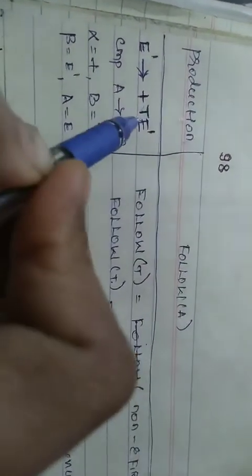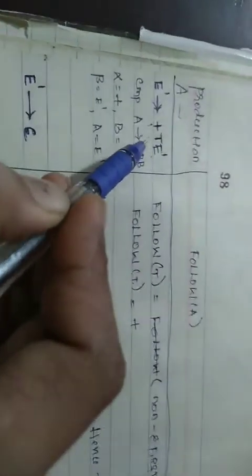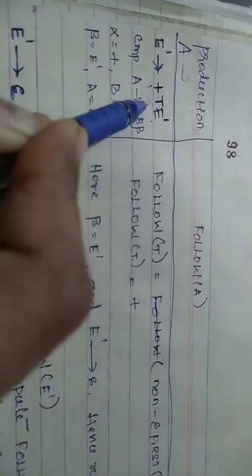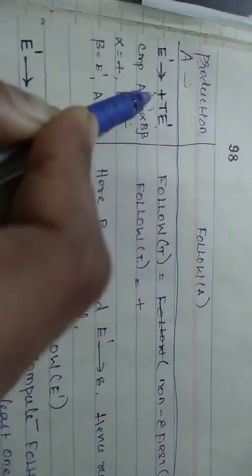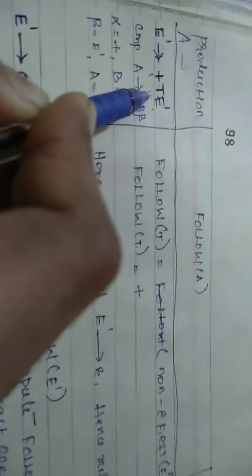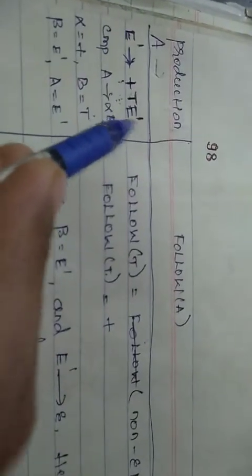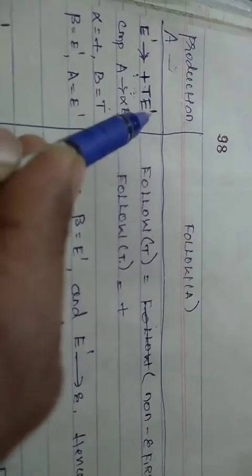In rule 2 I have to compare everything with A gives alpha B beta, where I equate B to the non-terminal. What is the non-terminal here? T is the non-terminal. Then plus is the alpha, B is T, beta is E dash. Look at that E dash. Already E dash had an epsilon definition. We will go to that later.